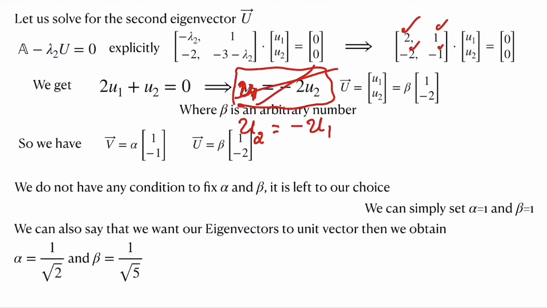That choice leaves us with alpha equal to 1 over square root of 2 and beta equal to 1 over square root of 5, and the resulting vectors are V equal to 1 over square root of 2 times (1, minus 1), and U equal to 1 over square root of 5 times (1, minus 2). We can check whether these vectors are orthogonal to each other or not, and so on.